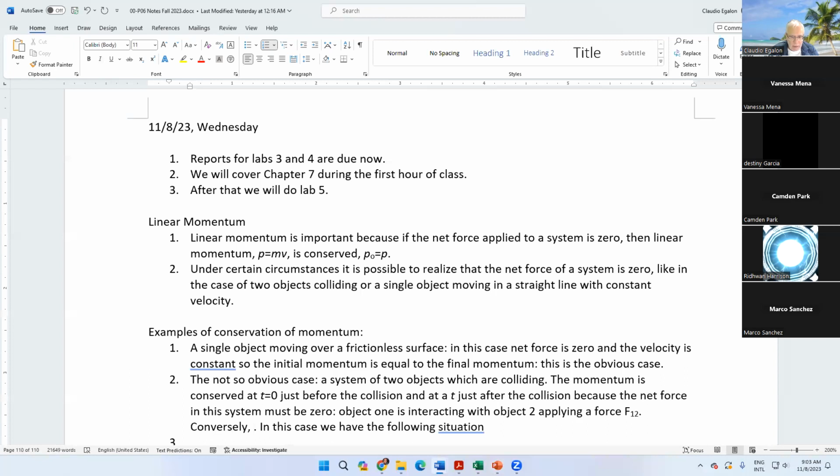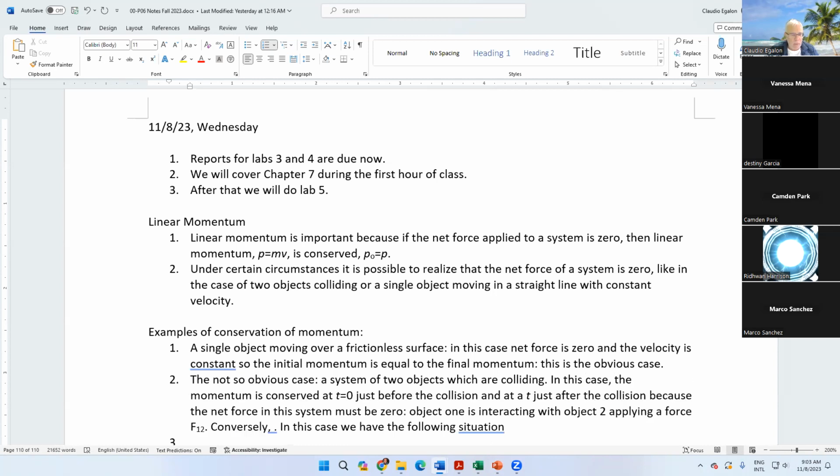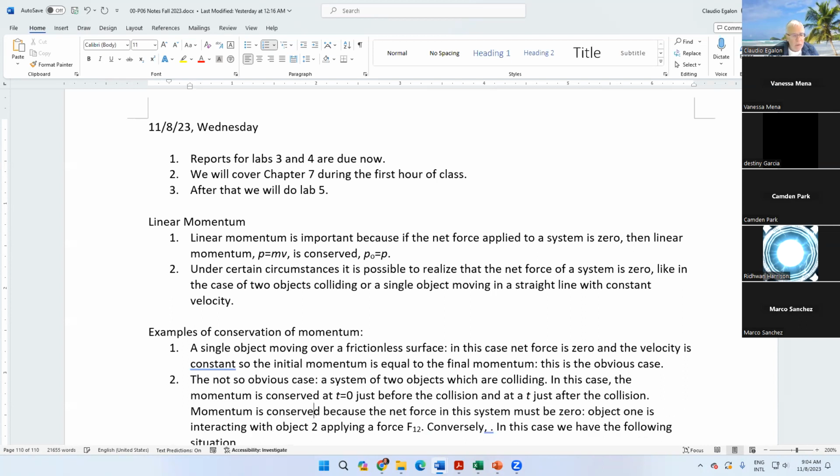Let's put it in a different way. The not so obvious case, a system of two objects which are colliding. In this case, the momentum is conserved at t equal to 0 just before the collision and at t just after the collision. Momentum is conserved for the following reasons.